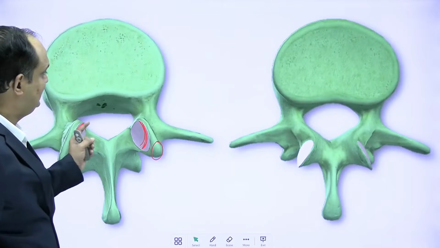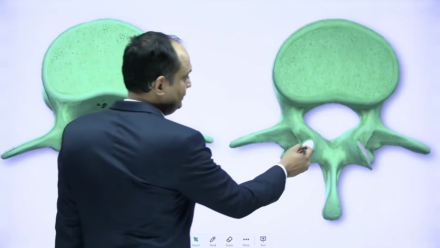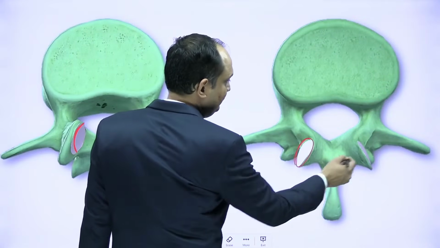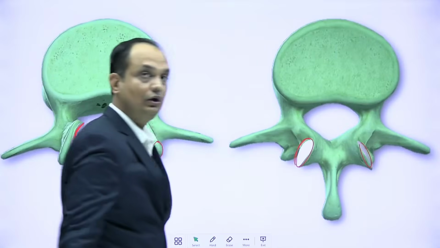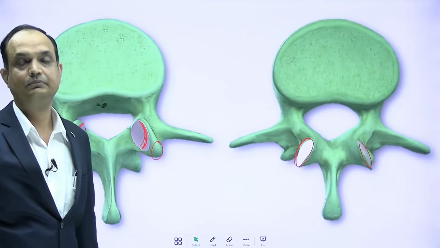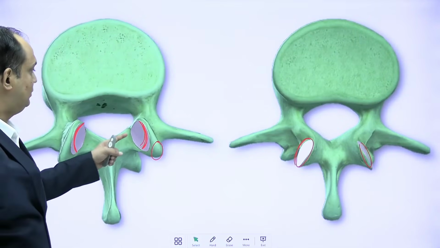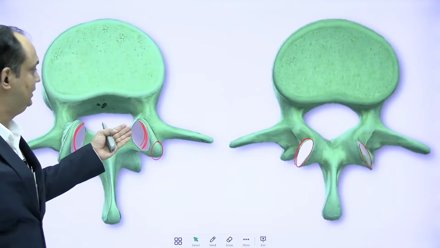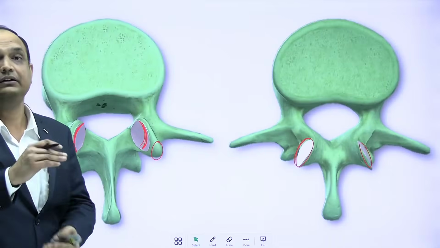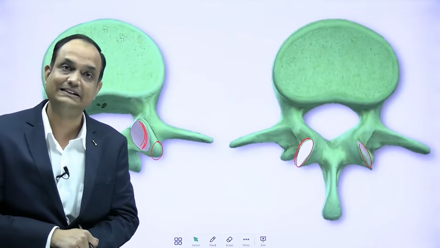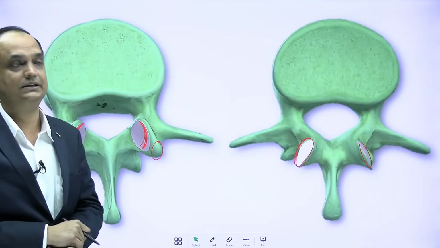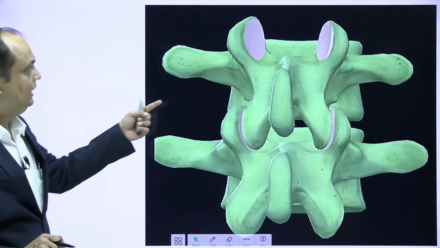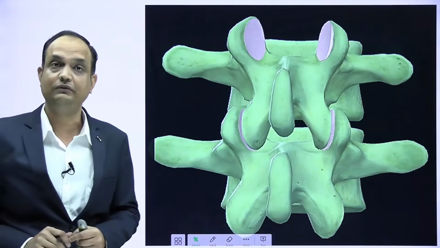But when you see the inferior surface, the inferior facets are facing outside and they are not concave, they are convex, because once it is concave, then and only then can this convexity be accommodated inside, between the adjacent superior and inferior articular facets of adjacent vertebrae. Clear? Now here you can see how the articulation will take place.